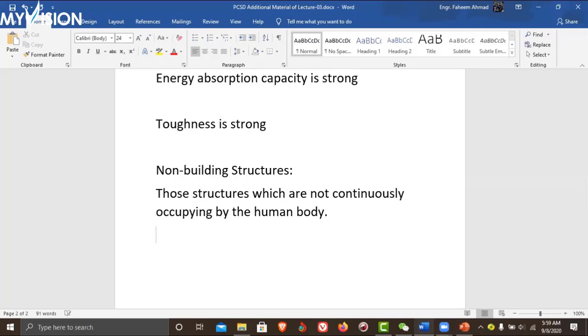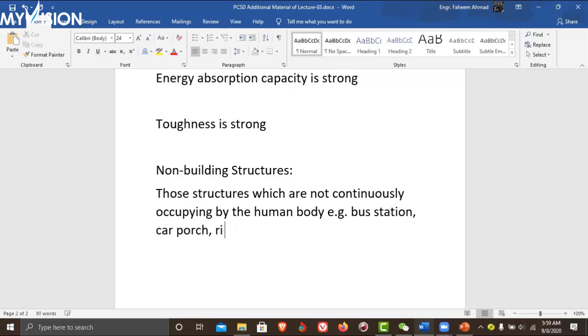Like, for example, what are those structures? As you mentioned, bus station, car porch, these are structures which are not continuously occupied by a human body. Sometimes we use them and sometimes we don't use them.